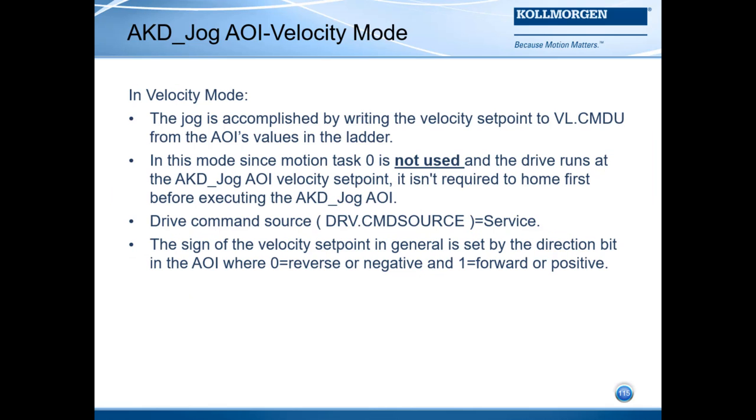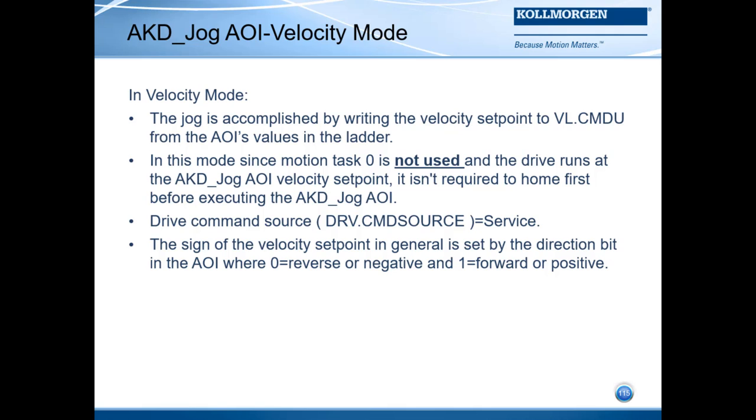In velocity mode, the jog is accomplished by writing to the velocity set point, vl.cmdu, from the add-on instruction values in the ladder. In this mode, since motion task 0 is not used, the drive runs at the AKD jog add-on instruction velocity set point and isn't required to home first before executing the add-on instruction.